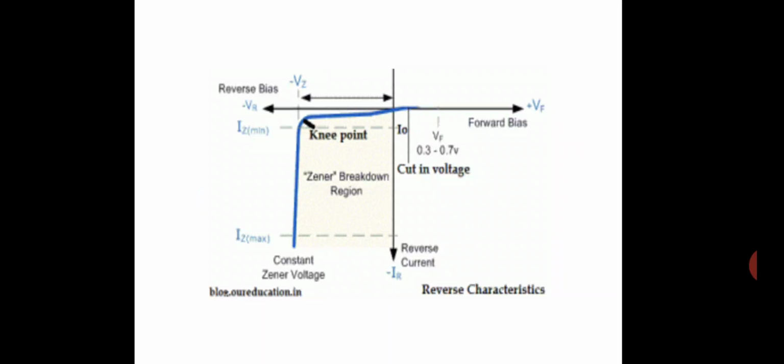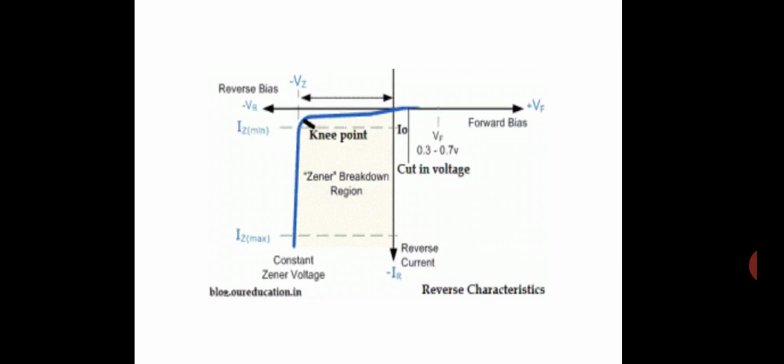This voltage remains almost constant even with large changes in current, providing the Zener diode's current remains between the breakdown current IZ minimum and its maximum current rating IZ maximum.